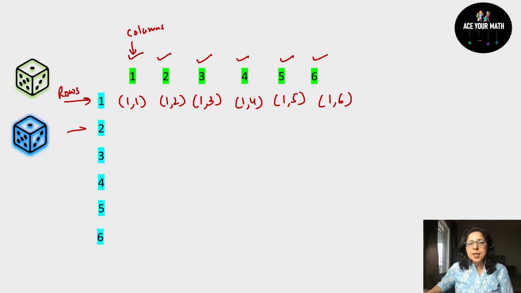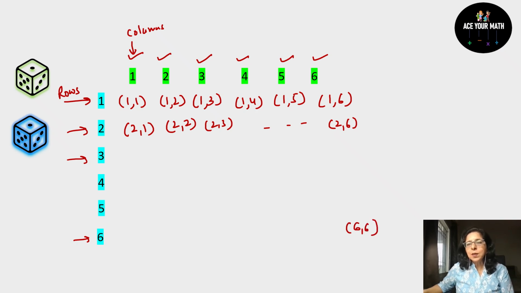Now you can consider the second row. So you will write second row and first column, second row, second column, second row, third column. Similarly, the last one would be second row, sixth column. Similarly you will do for third row, fourth row, fifth row, and sixth row. And you will cover all these 36 outcomes. So how many total outcomes are there?